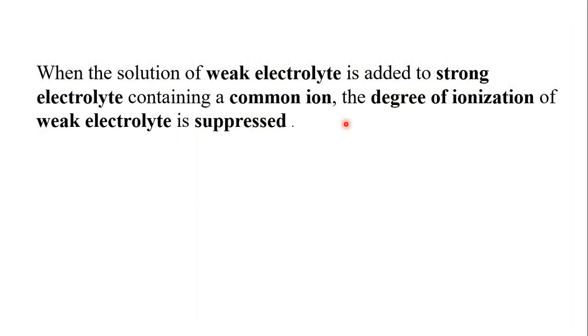That means what? When the solution of weak electrolyte is added to strong electrolyte containing common ion, the degree of ionization of weak electrolyte is suppressed, and that is called as a common ion effect.